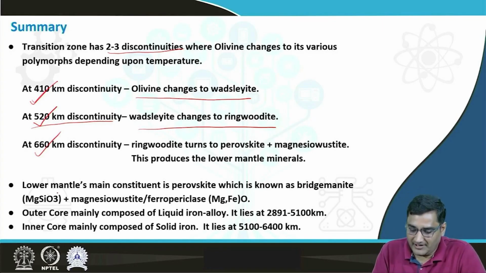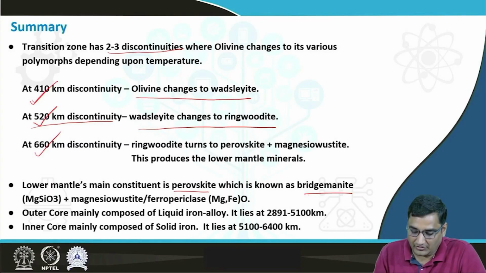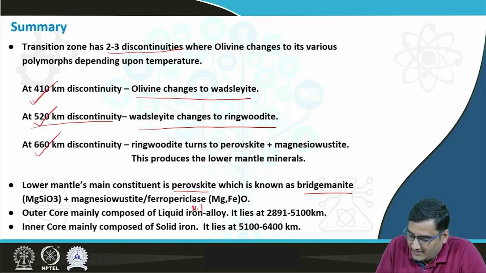So the lower mantle's main constituent is perovskite, known as bridgmanite, and there would also be a fraction of magnesiowustite and ferropericlase. The outer core is composed of iron nickel, also known as NIFE.